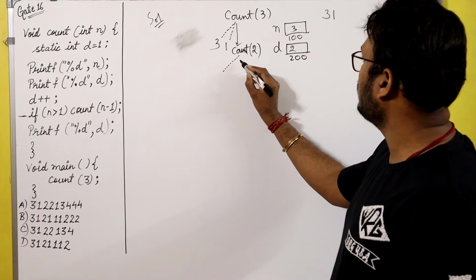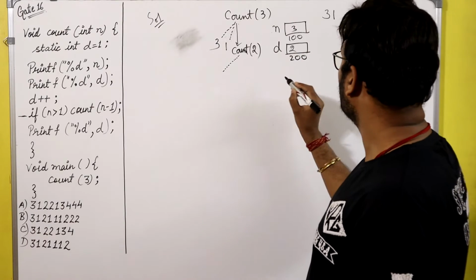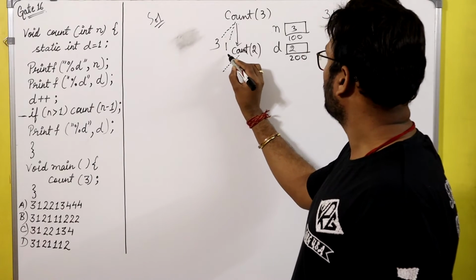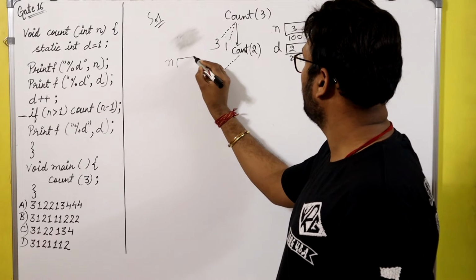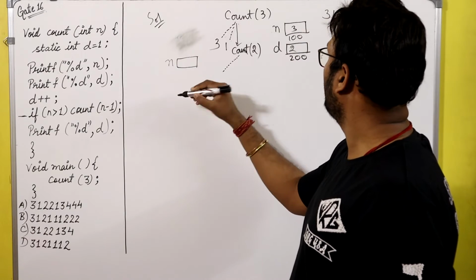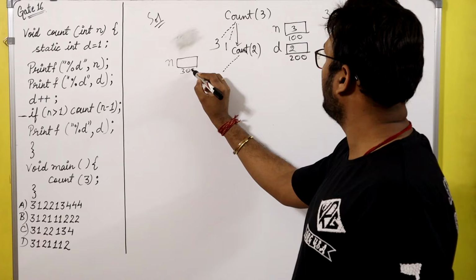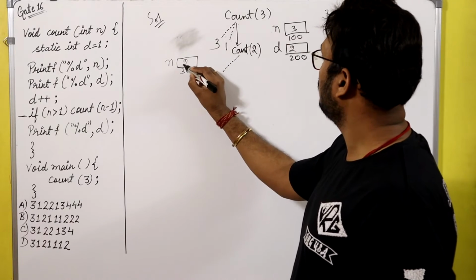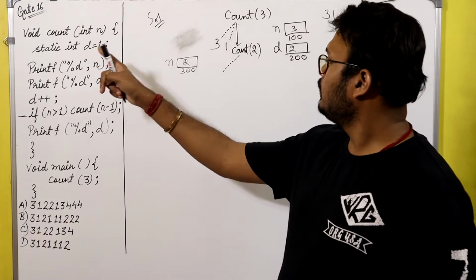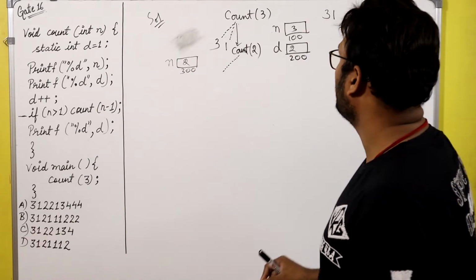For this count function, a local variable n is there, whose address is say 300. And what value will it receive? 2.